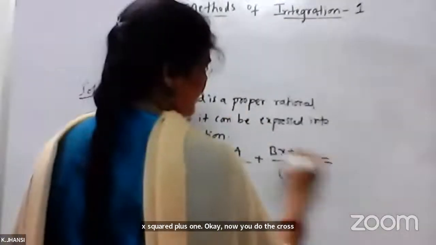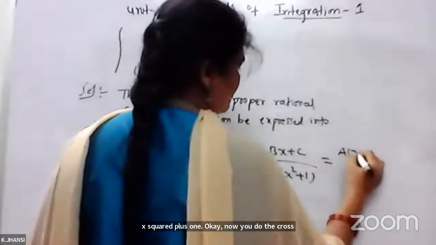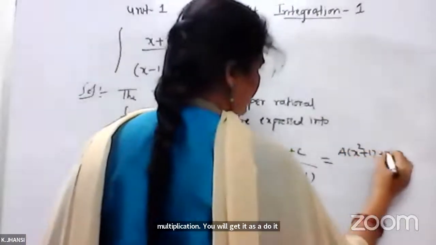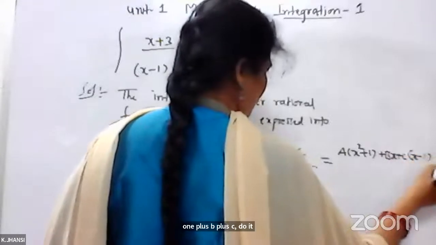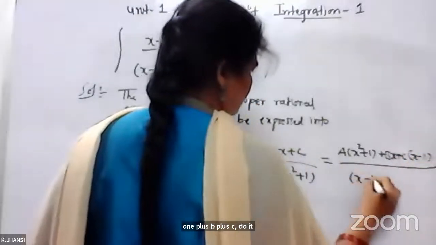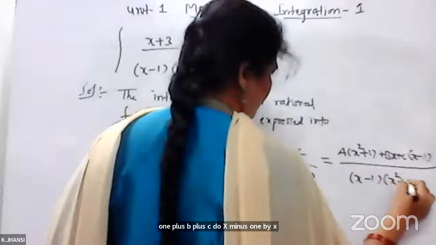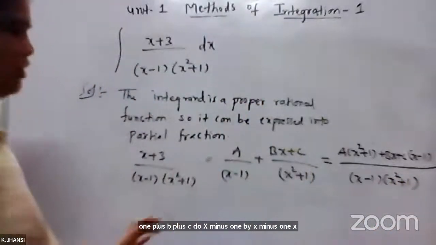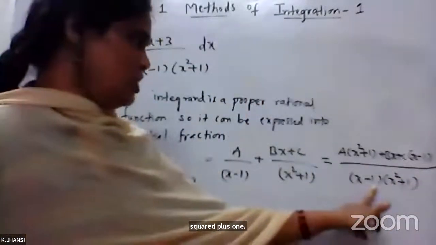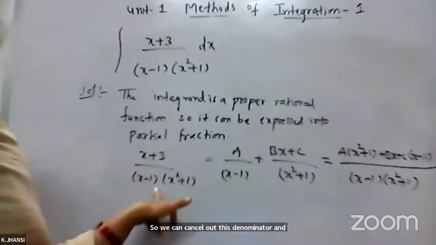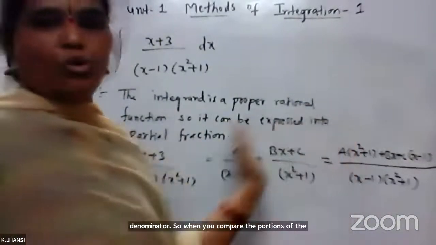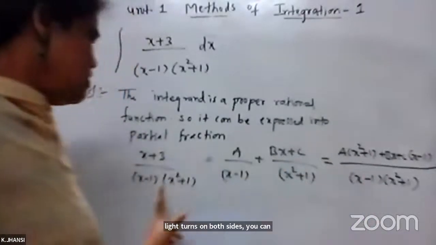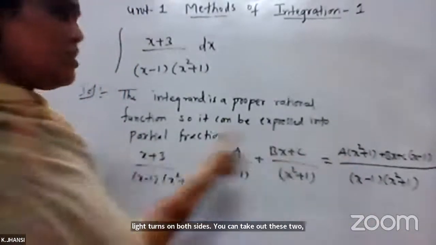You will get a into x square plus 1 plus bx plus c into x minus 1, by x minus 1 into x square plus 1. You are able to see that, no? So we can cancel out this denominator and this denominator, and only the numerator terms you can take.